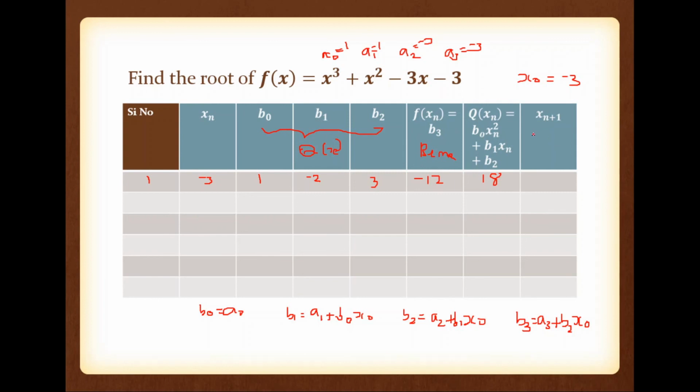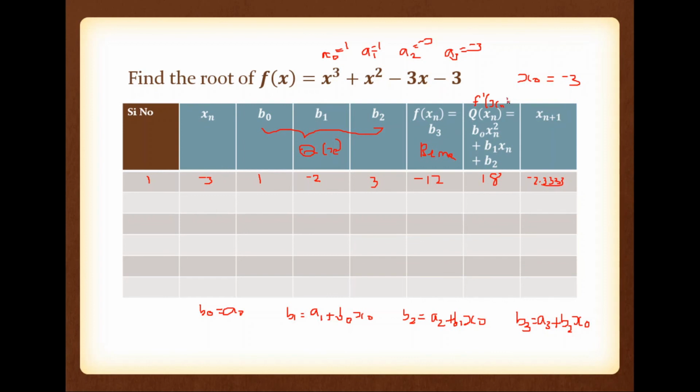Xn plus 1 is equal to xn minus f of x0 divided by f dash of x0. Means this one minus this one divided by this one. So we have minus 2.3333. So how did we get that? This Q of x is actually f dash of xn.